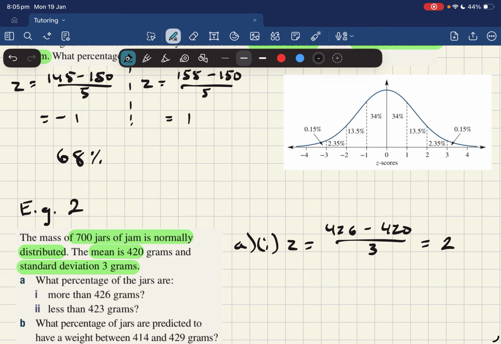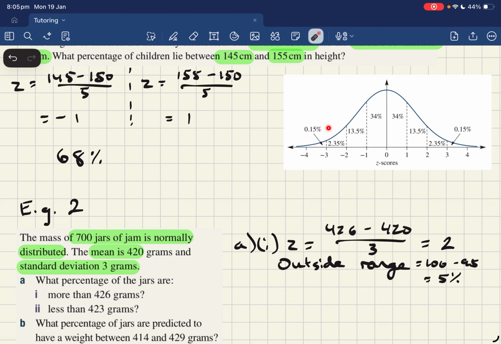So the scores outside the range are 100 minus 95, which gives us 5%. So 5% of our data is on this bit and on this bit as well. But we are just looking for the ones that are more than 426, so that's half of that. More than 426 equals 5% divided by 2, which gives you 2.5%.